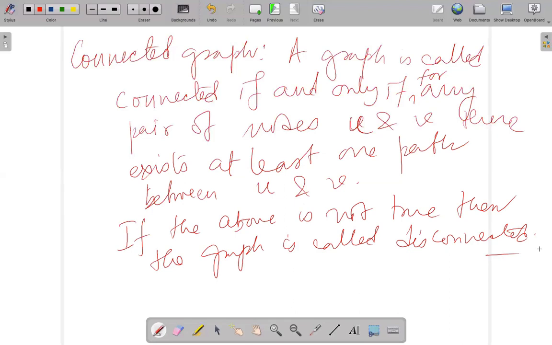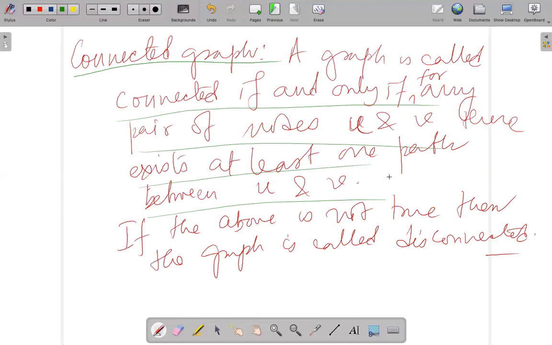Okay, then such a graph is called a connected graph. So any pair of nodes you take up, you should be able to find at least one path between the pair of nodes. If that is not true, then the graph is disconnected.